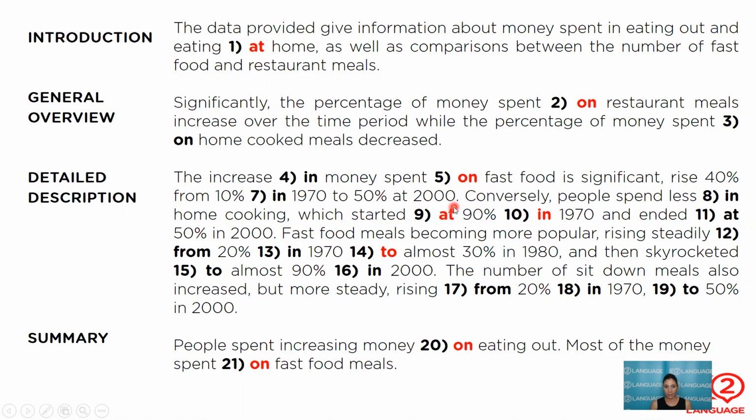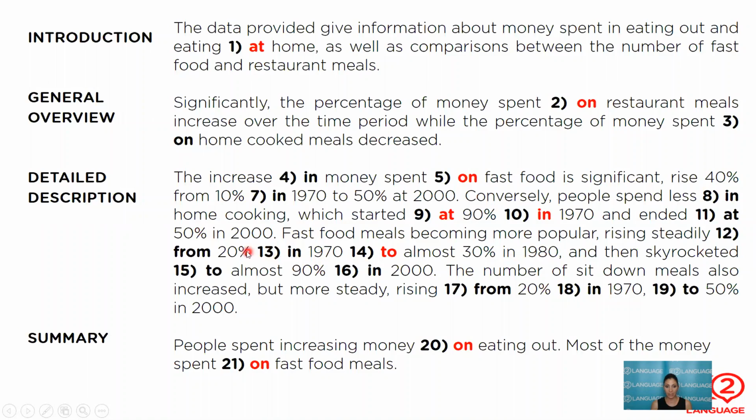Here we have at, because home cooking started at 90% in 1970. Remember, at we use for starting point, or ending point. And then in is always for a year. And then here, to, fast food meals became more popular, rising steadily from 20% in 1970 to almost 30% in 1980.